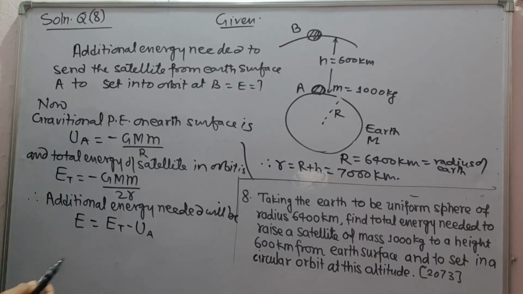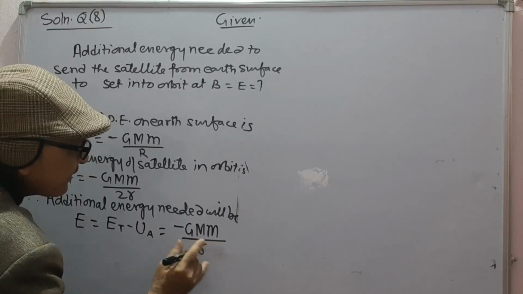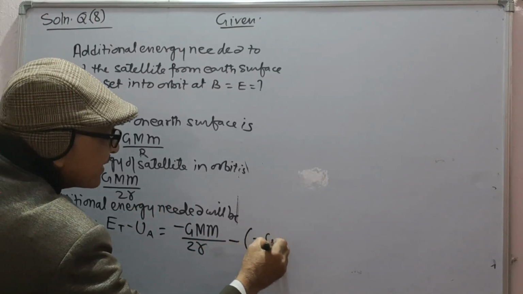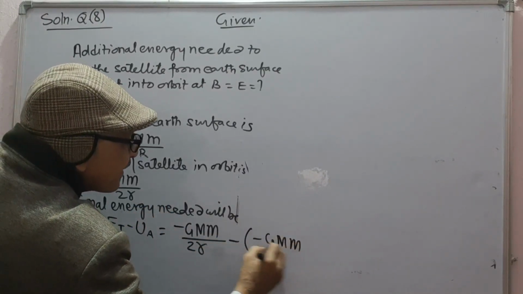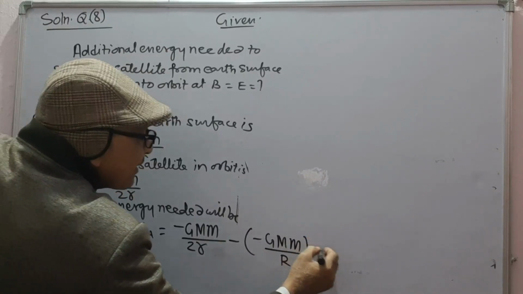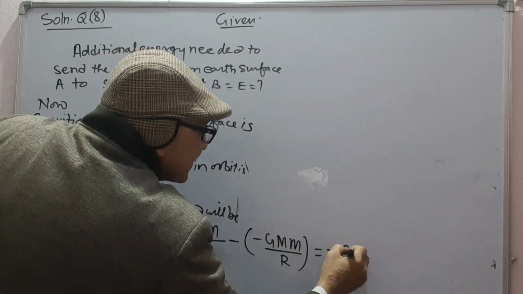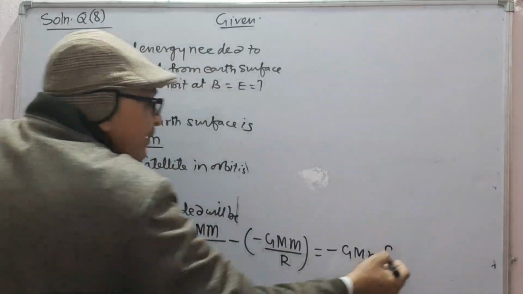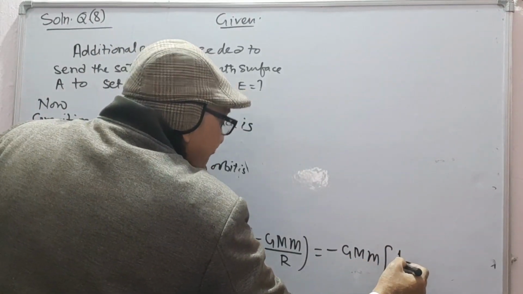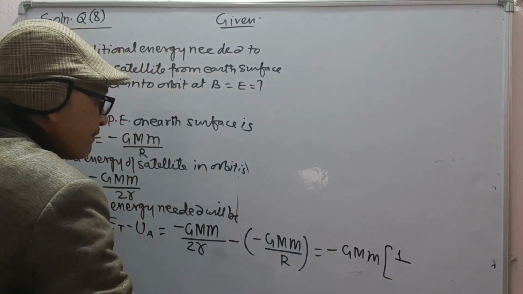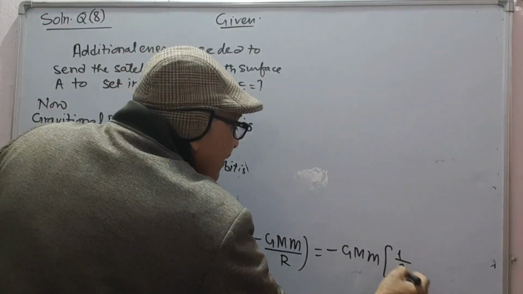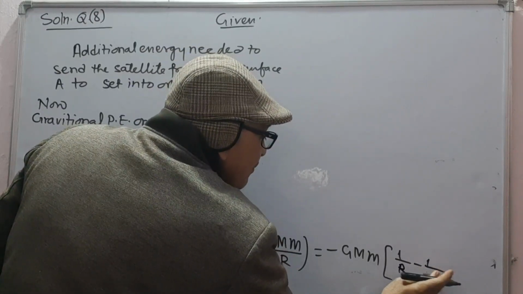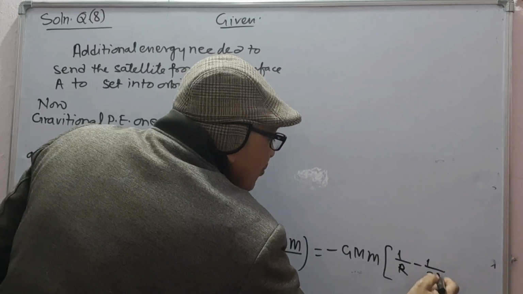So, putting the values we get minus G M m upon 2R minus, minus G M m upon capital R, with minus G M m taken common, 1 upon R minus 1 upon 2R.